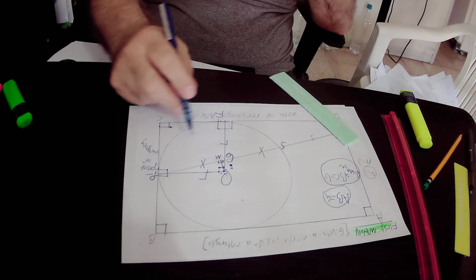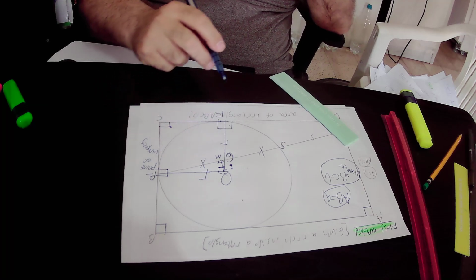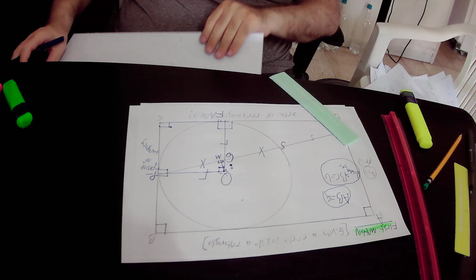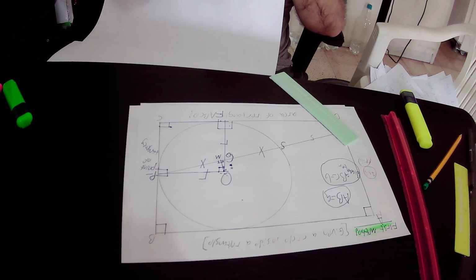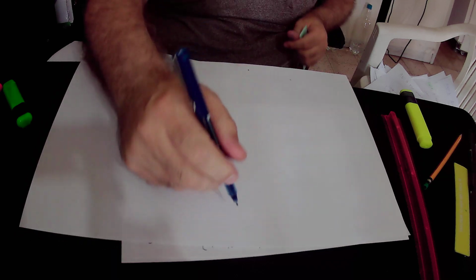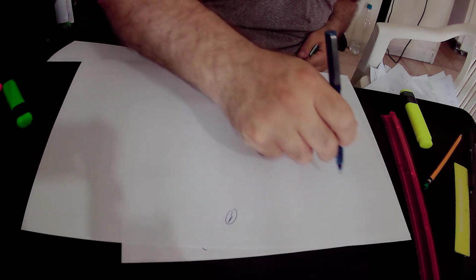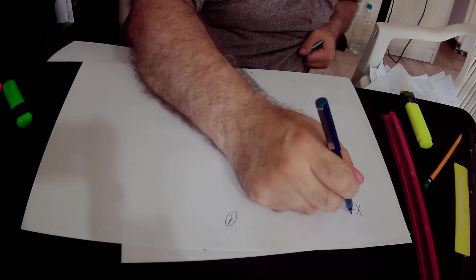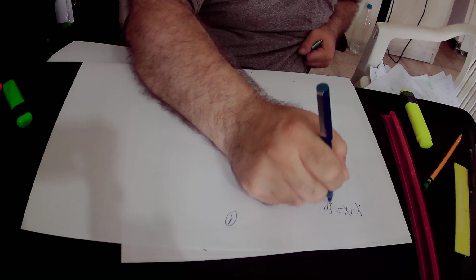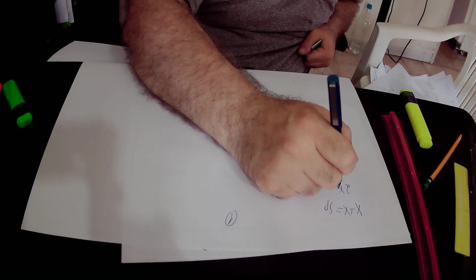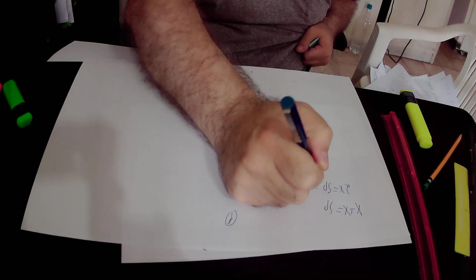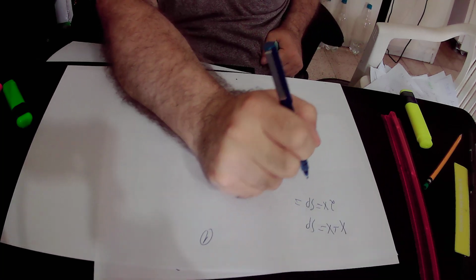So SM plus MP is X plus X, and X plus X is SP. X plus X is 2X, and 2X equals SP. But it is given that SP equals 6 units.